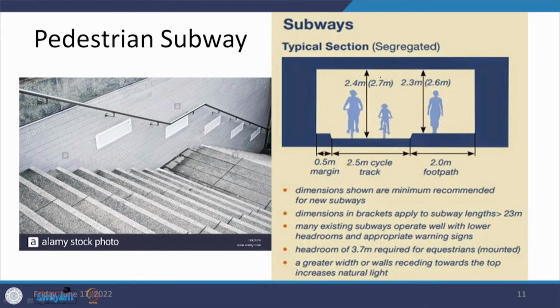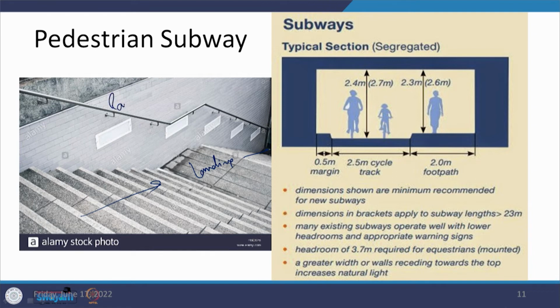Now, here what we can see is that there is the flight being provided, then there is a landing here, and then again there is a flight. So, after every say 8-9 steps, the landing can be there, and then after that again the steps can be provided. It all depends on how much up and down we have to go.